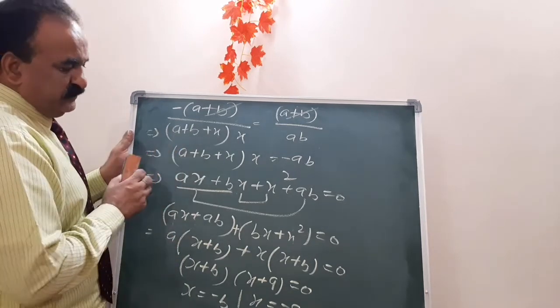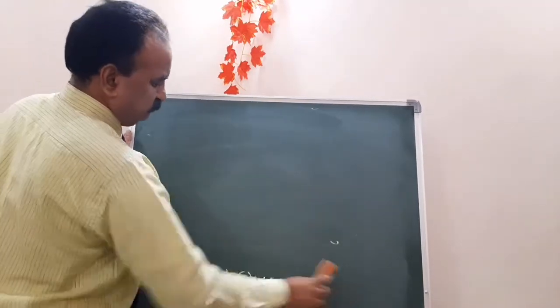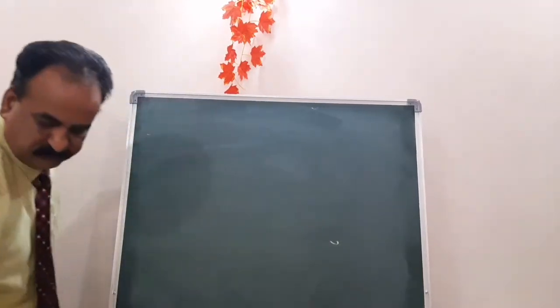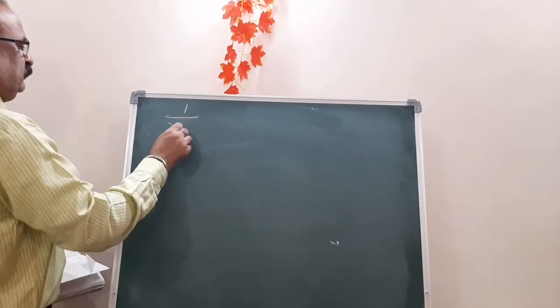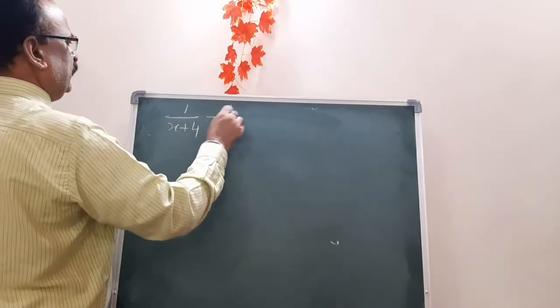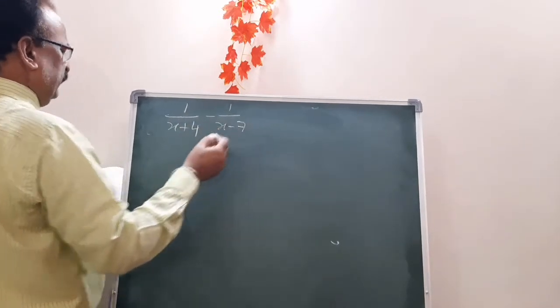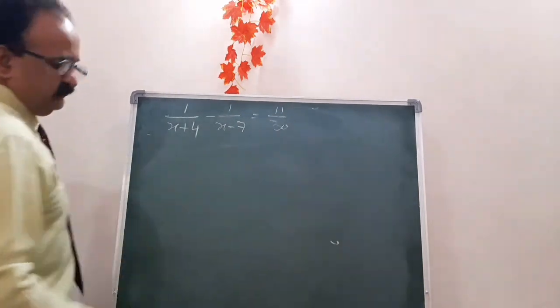Now next question I am taking. 1 upon x plus 4 minus 1 upon x minus 7 is equal to 11 by 30.